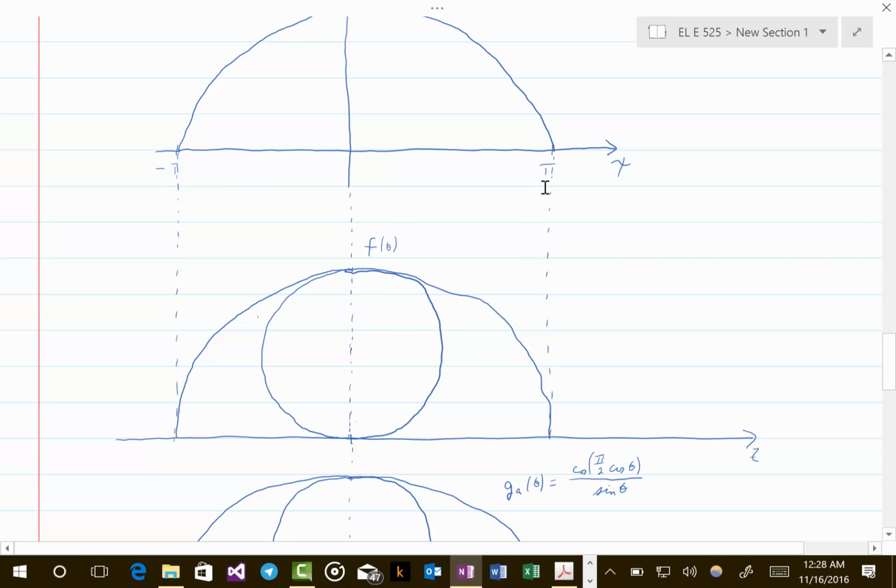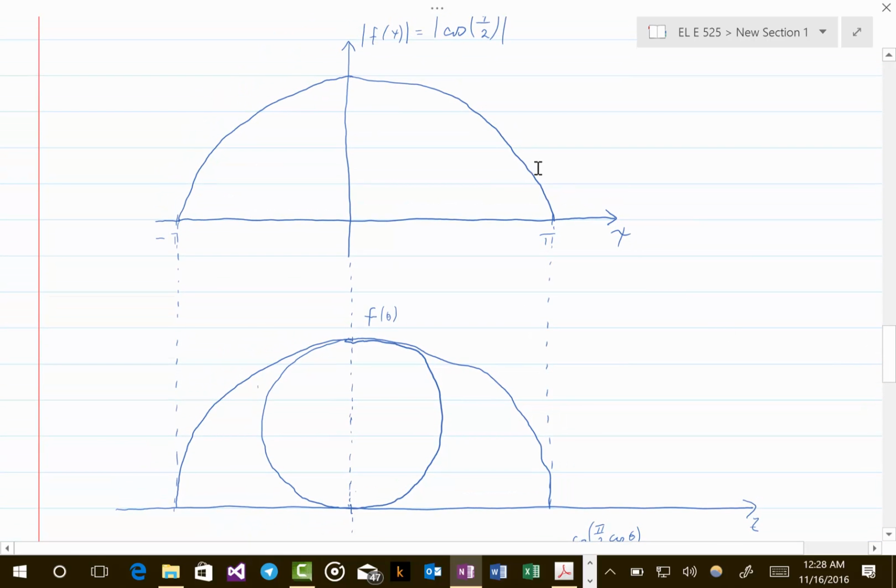Since the magnitude of f is equal to 1 here in the center, the polar plot will touch the very edge of the circle at this angle.